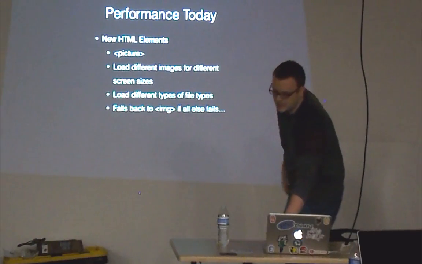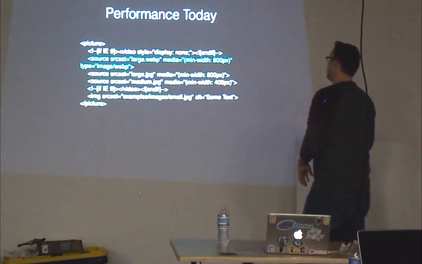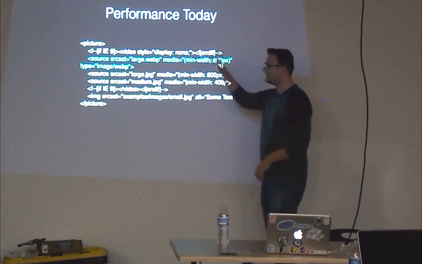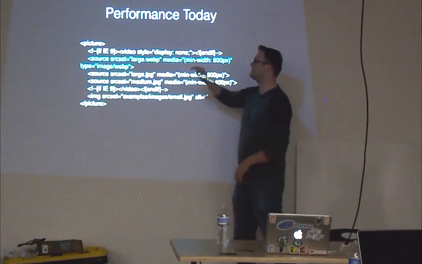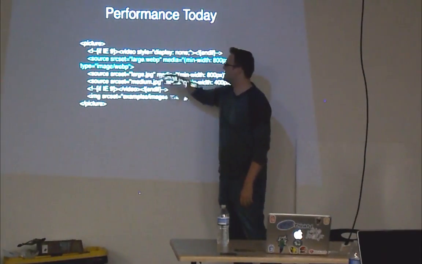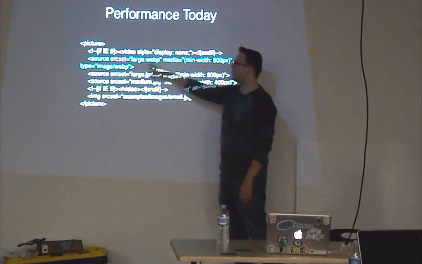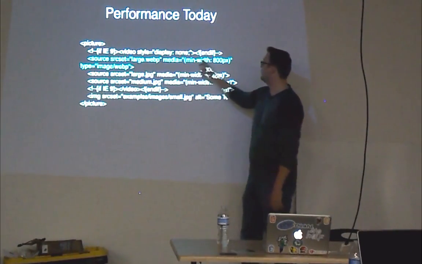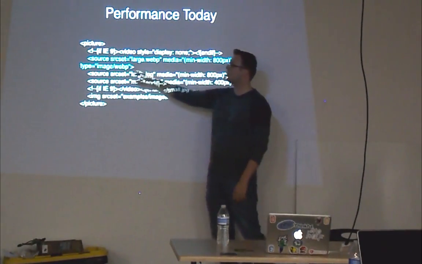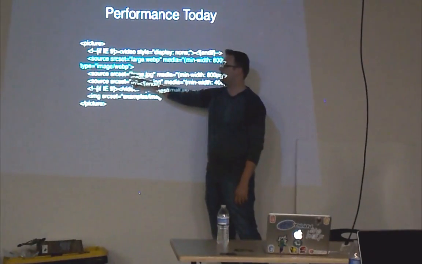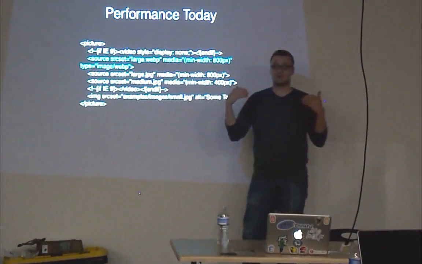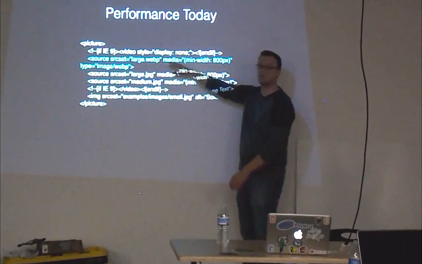We can even load different types. Let's just go ahead and take a look at the code here. So it works in IE9 and up, which is awesome. But you'll see the picture element, you'll see the source and srcset. So you've got large.webp at a minimum width of 800 pixels, and then you can set the type of the image to WebP. So if the browser supports WebP, it will use this image.